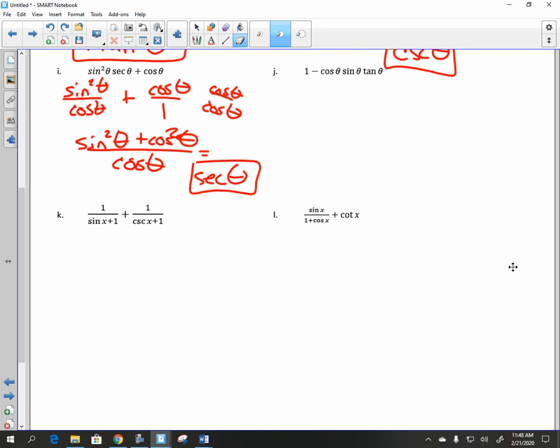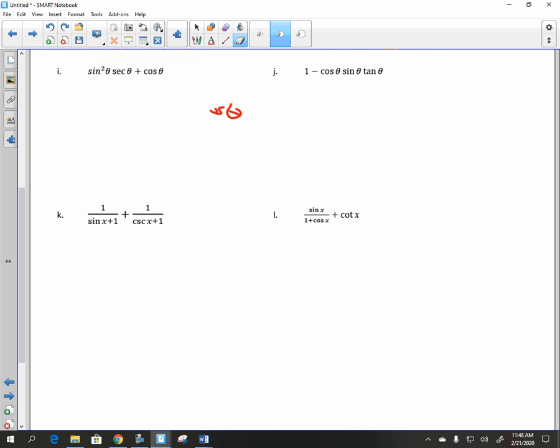What would you do for letter J? I'm not gonna give you any thoughts. What would you do? Something with fractions? Okay. So what do you want me to do? 1 minus cosine theta over 1 times sine of theta over 1 times sine of theta over cosine theta.